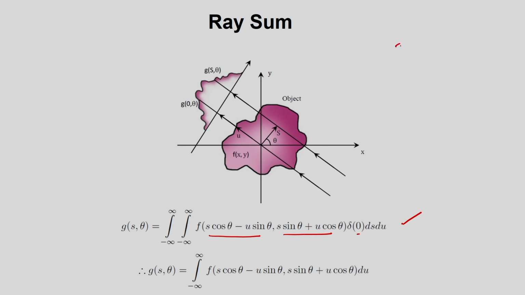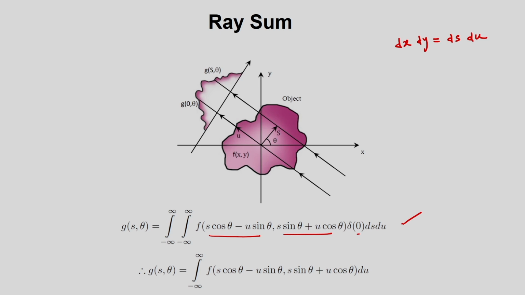And if you remember, dx dy is equal to ds du, because in this coordinate transformation from xy to su, there is no shrinkage and no expansion. So that is why dx dy is equal to ds du, that we have considered.